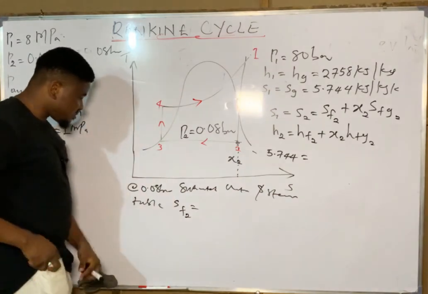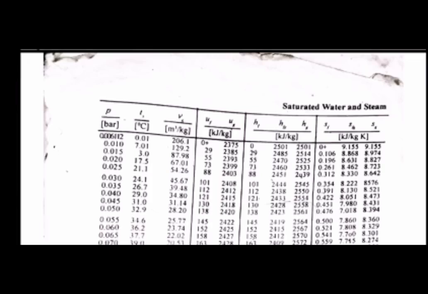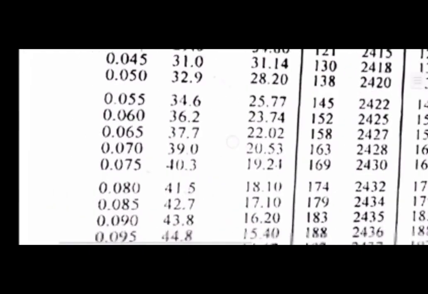So let's go to the steam table corresponding to 0.08 bar. We need to find HF, HFG, SF, SFG. SF becomes SF2, SFG becomes SFG2, HF becomes HF2, HFG becomes HFG2, simply because we are at state 2. So we trace 0.08 bar.